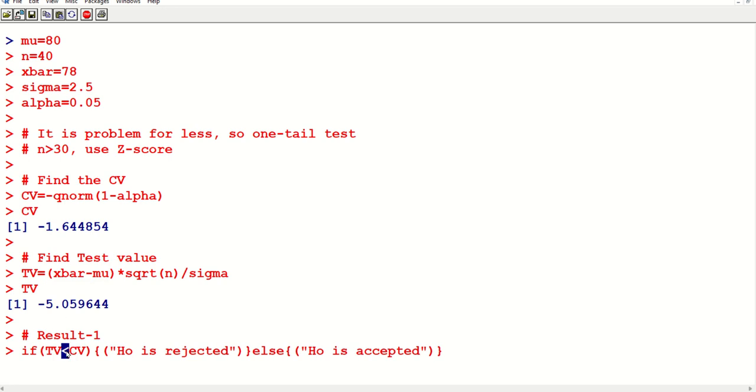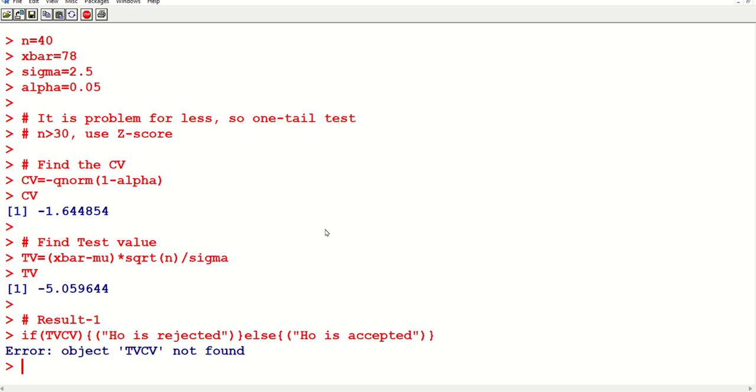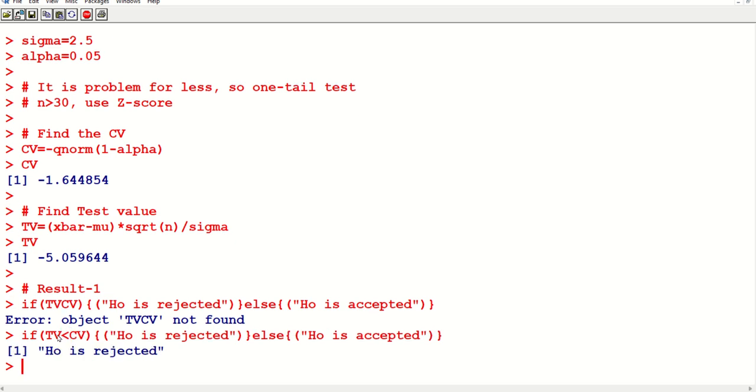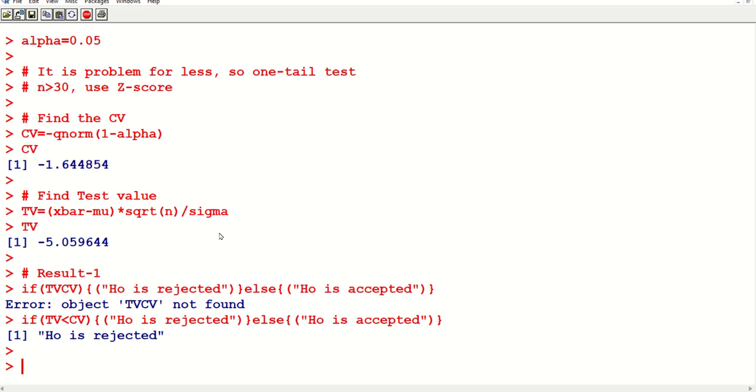If test value is less than the critical value, H naught will be rejected. Here I forgot to put the sign in between. So if I put test value is less than critical value, the null hypothesis is rejected in this case, because this is small, this is big. So this is rejected.